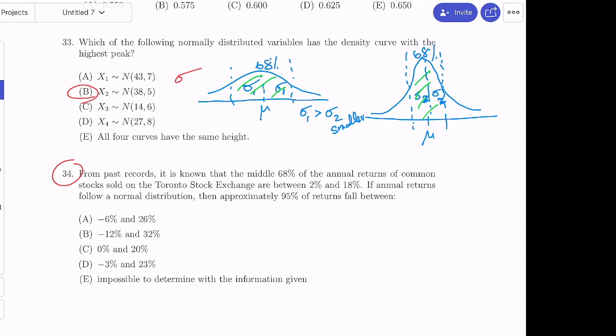Okay, you guys are good at this. So 34, does anybody need me to show you that then? 34 is A.